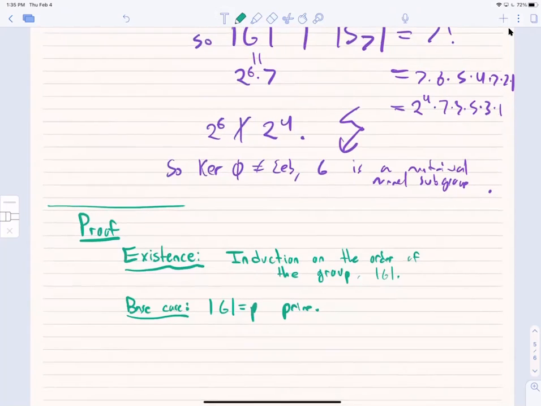Then G is equal to Z mod pZ, because any non-trivial element has order p, and so generates the full group. And G is itself a Sylow p-subgroup.